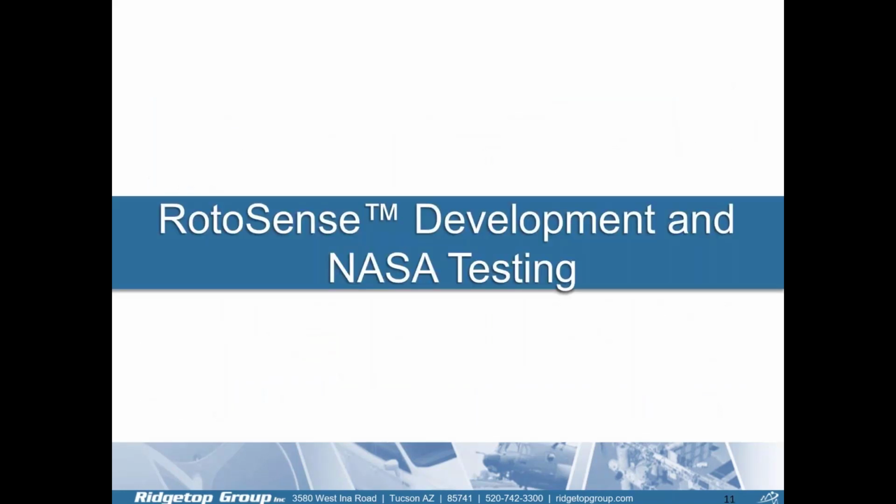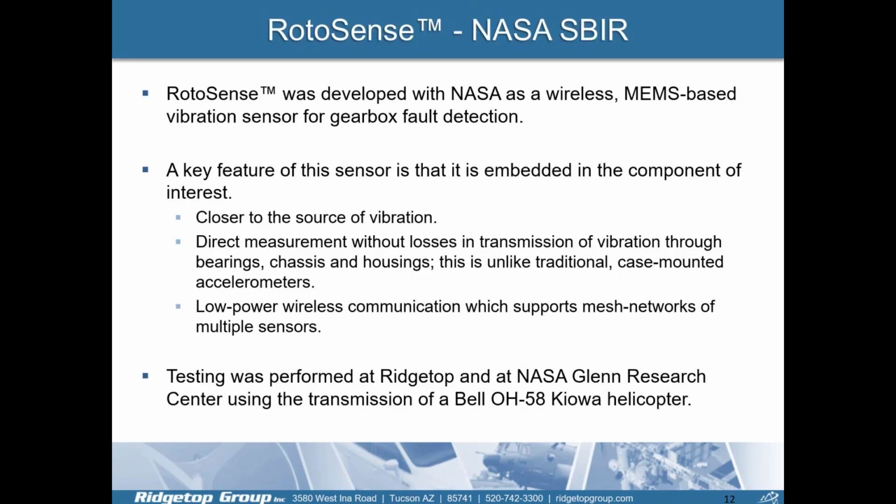So the RotoSense development and our NASA testing, we'll cover this next here. RotoSense was originally developed with NASA as a wireless MEMS-based vibration sensor for gearbox fault detection. A key feature of this particular sensor design at the time is that the sensor was embedded in the component of interest, which was a helicopter gearbox system.